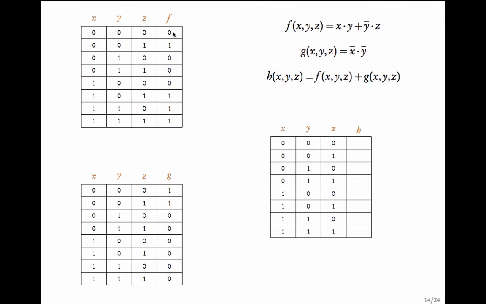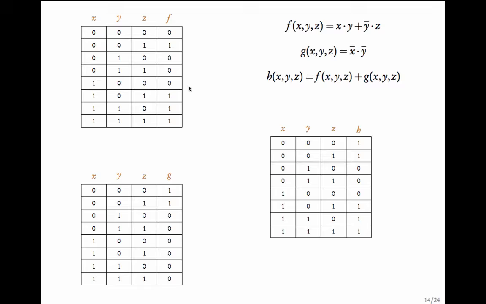You look at the corresponding values in this one and in this one and just do a plus. So 0 plus 1 will be 1. 1 plus 1 would be 1 again. 0 plus 0, 0. 0 plus 0, 0. Since here everything is 0, we just copy this truth table here.